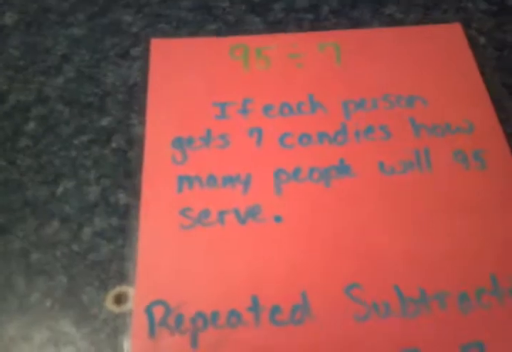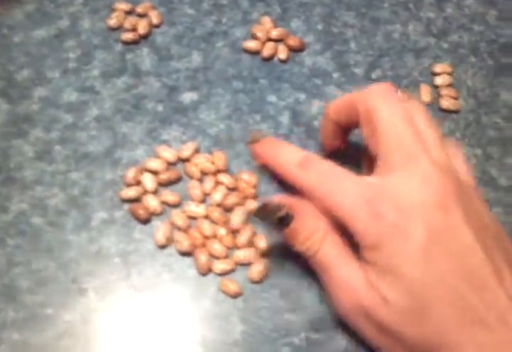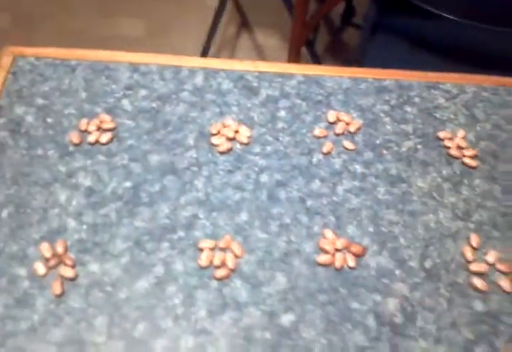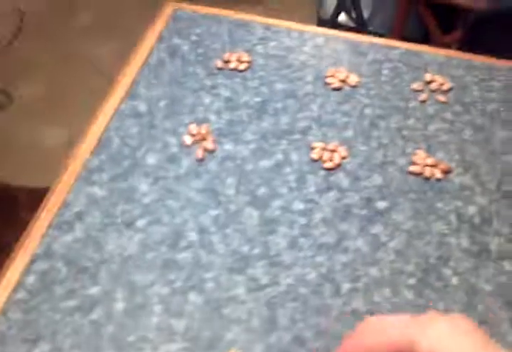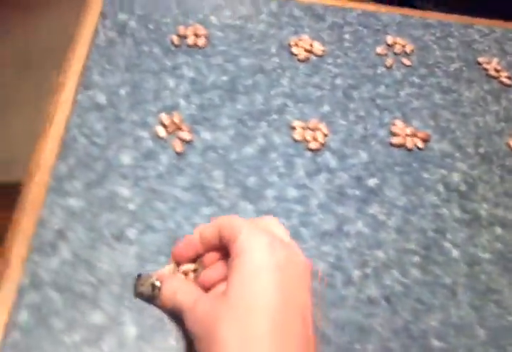We've taken out an additional 2 groups. Alright, so now we're up to 6. Our 7th group of 7, our 8th group of 7. As you can see, I'm lining up our groups here in an array, trying to keep them even. Makes it a little bit easier to keep up with, a little bit easier to count.